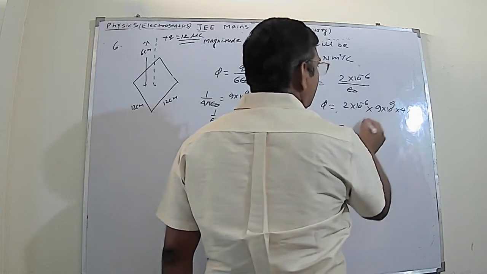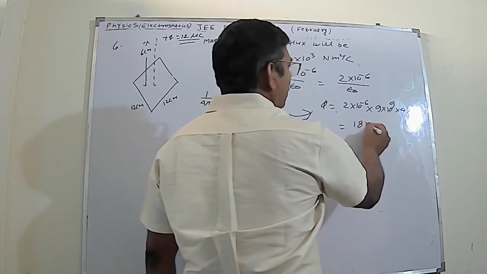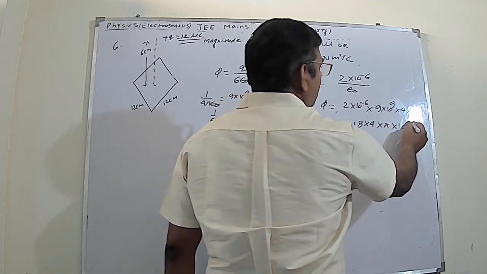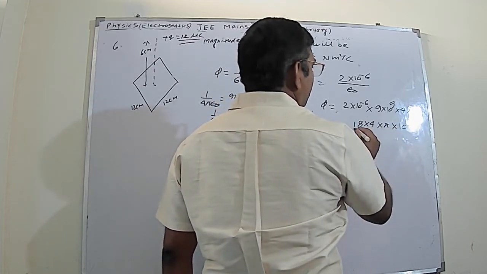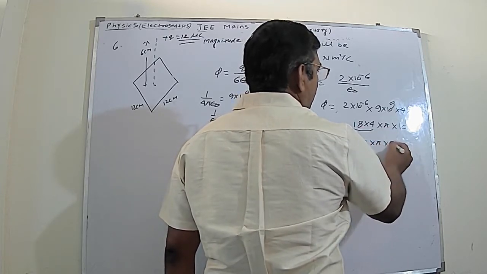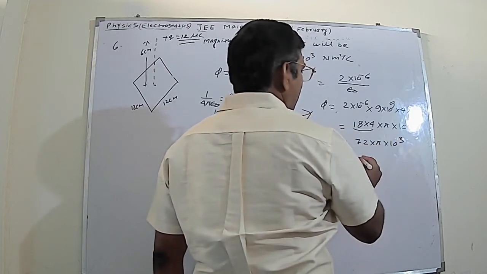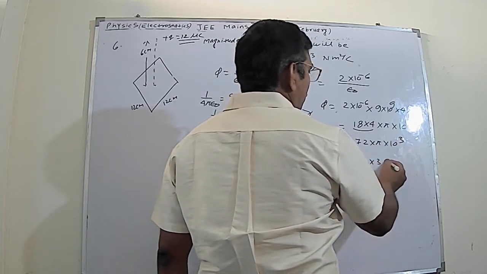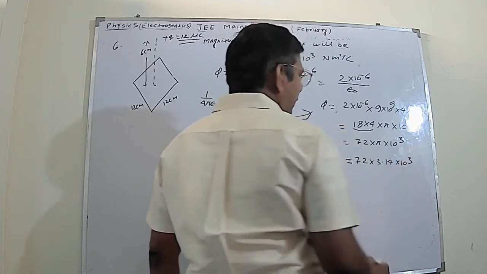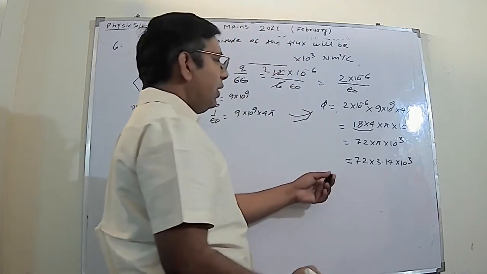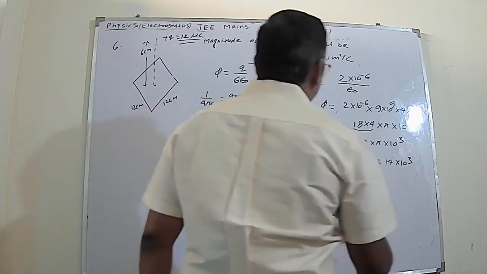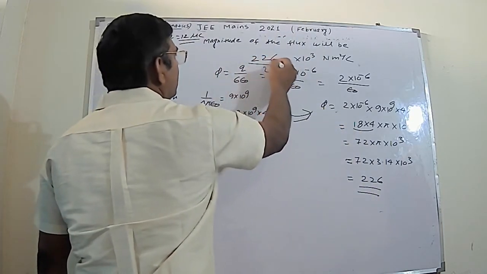So this one will be 18 into 4 into pi into 10 to the power 3. So that will be 72 into pi into 10 to the power 3, so 72 into approximately 3.14 into 10 to the power 3. Okay, so if you calculate that value, it will be coming like 226. So here it will be 226.